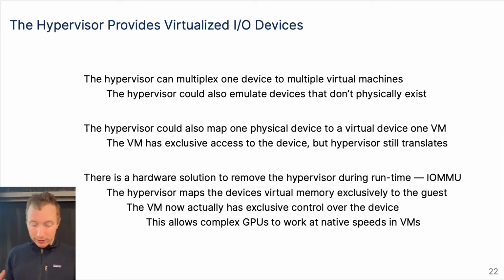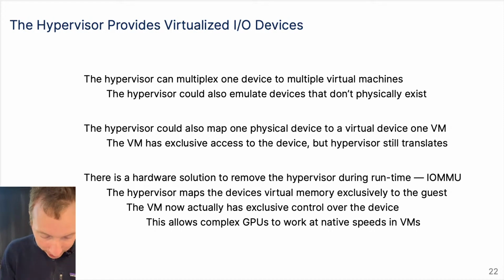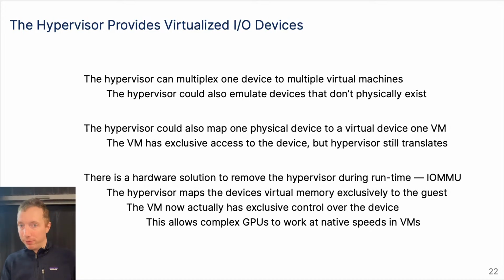So there's a hardware solution to this to remove the hypervisor during runtime. You just give the raw hardware directly to a virtual machine, and that's something called IOMMU. So that would be something like, if I want to virtualize a game or something like that, well, it's going to be really, really slow if everything is being virtualized on the same GPU.